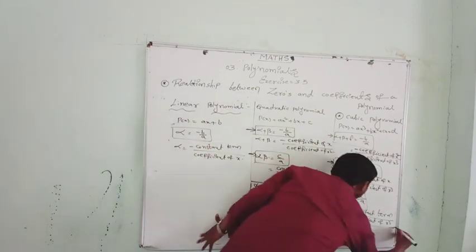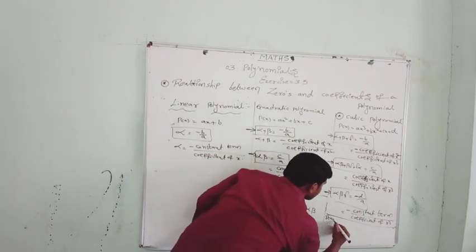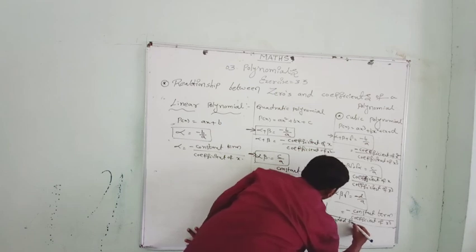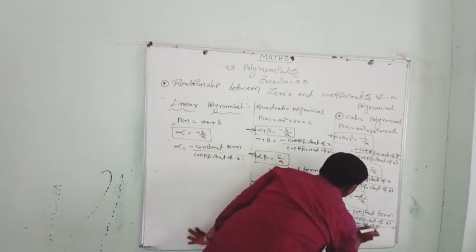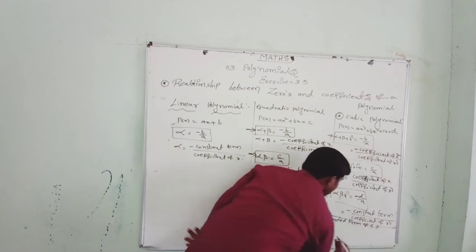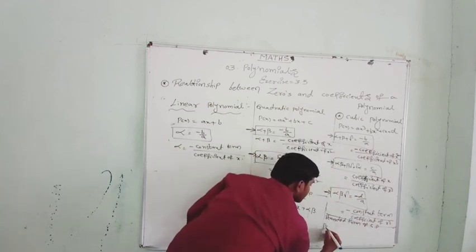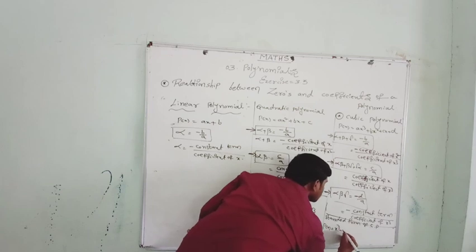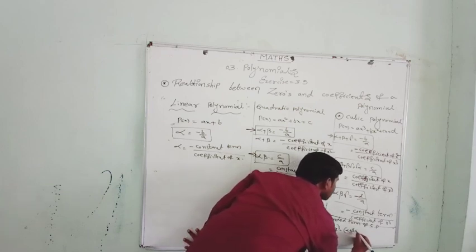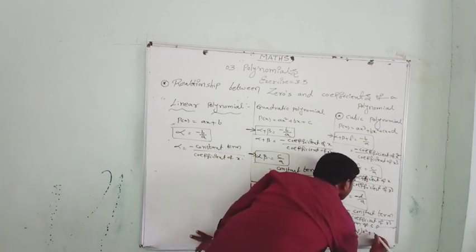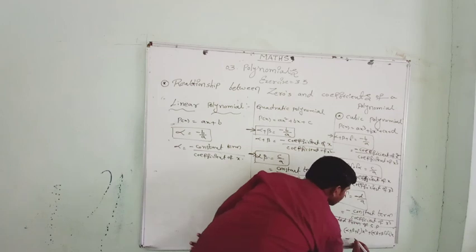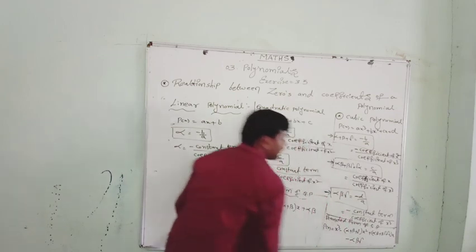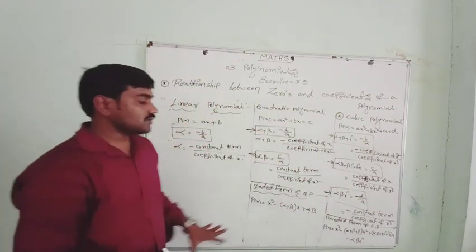Then the standard form of cubic polynomial, here p of x equal to x cube minus (alpha plus beta plus gamma) into x square plus (alpha beta plus beta gamma plus gamma alpha) into x minus alpha beta gamma. So that is the standard forms.